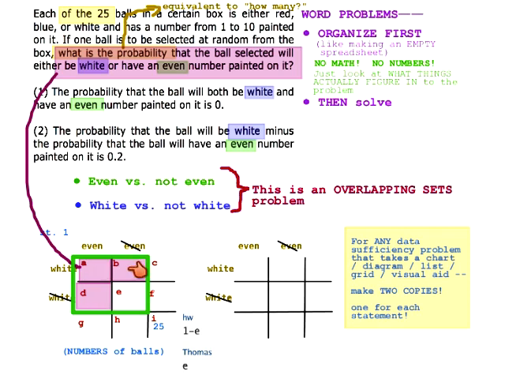Every ball is in here or here or here or here, and then all the stuff on these margins is going to be totals. So the problem is asking us for these 3 summed up together, but we know that there's a total of 25 balls in the box. So we could just find that instead, because the goal is just 25 minus that, right?